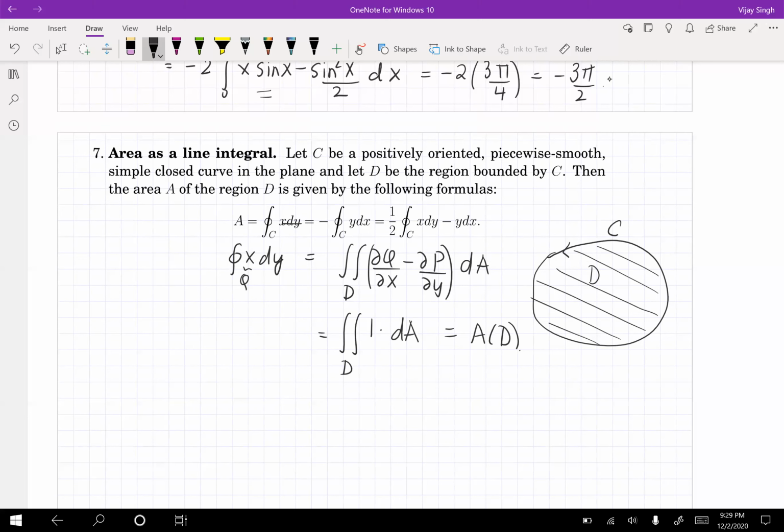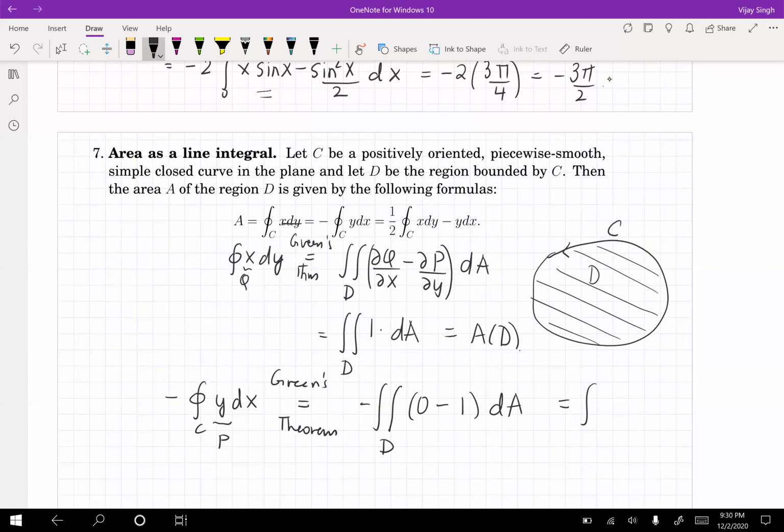So similarly, you can see that minus the integral of y dx, in this case this is P, if I use Green's theorem again, it's going to be the integral over D of minus, so here P is y, so 0 minus dou P by dou y, which is going to be 1, dA, which is again going to be the area of D.